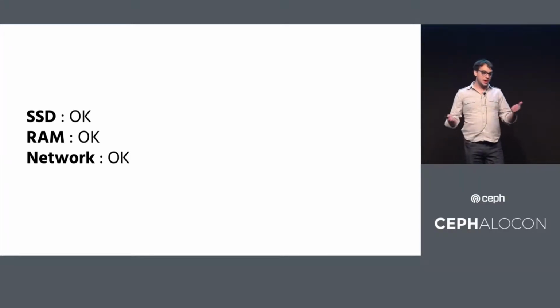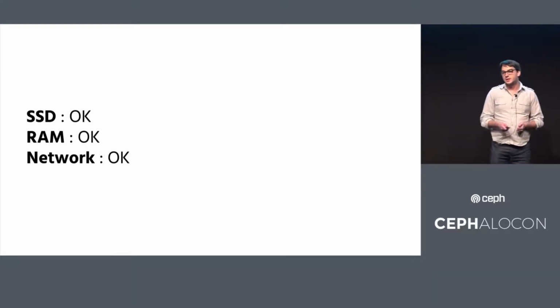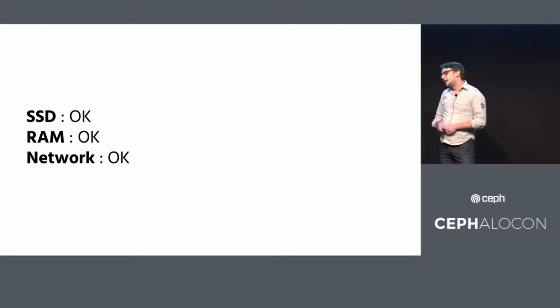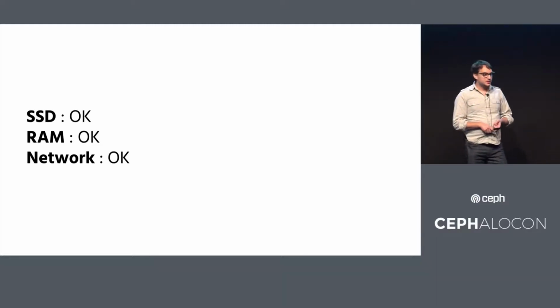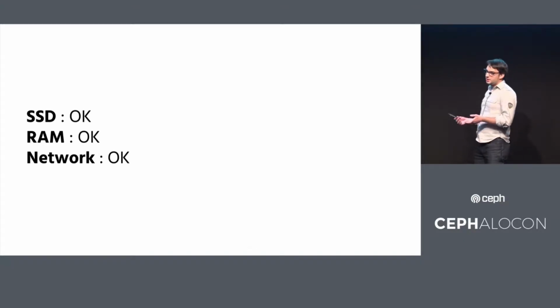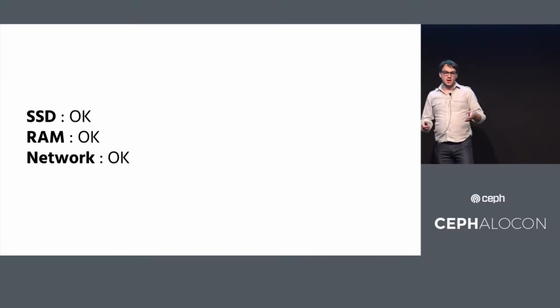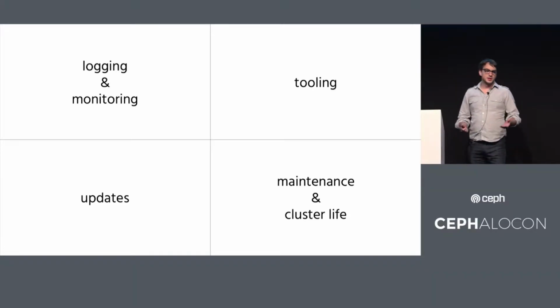Your SSDs are okay, enterprise grade, or else you're going to have a real bad time, trust me. You have plenty of RAM in your OSD nodes that allows your cluster to breathe, and your network is okay too, MTU and whatnot. So what to do next?